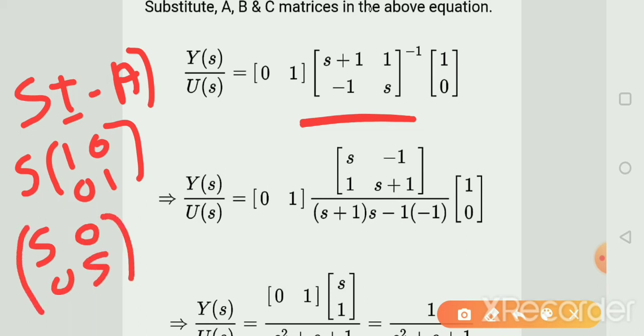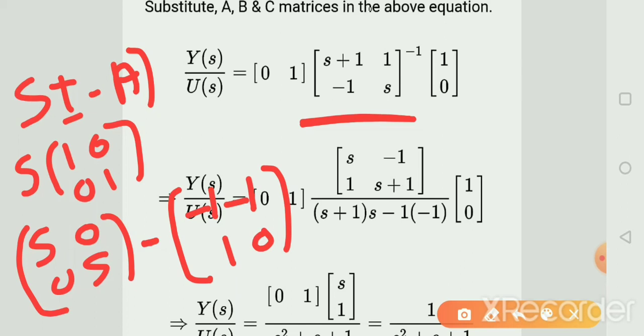So we can calculate sI minus A. Here the A matrix value is -1 1 -1 and 0. When we subtract both matrices, we get here s.